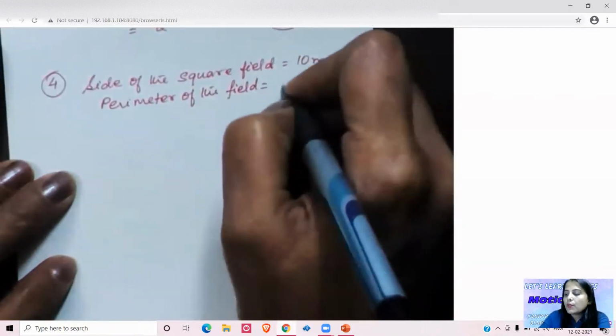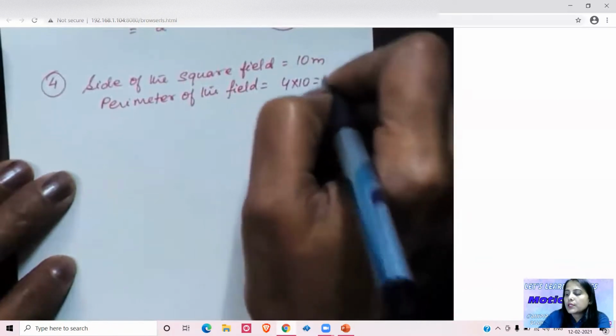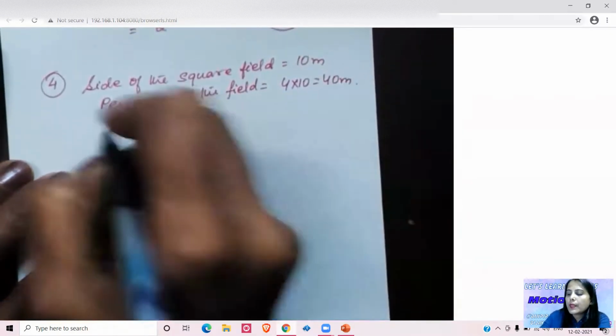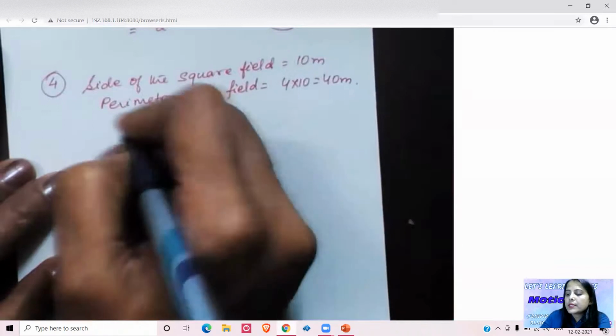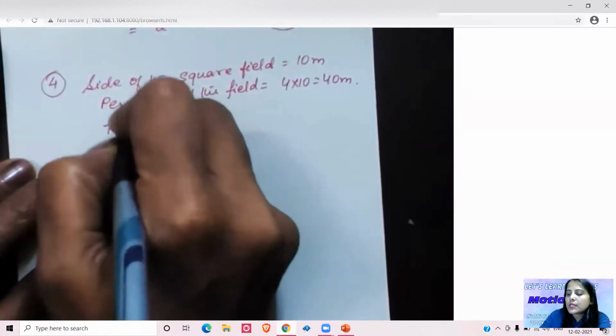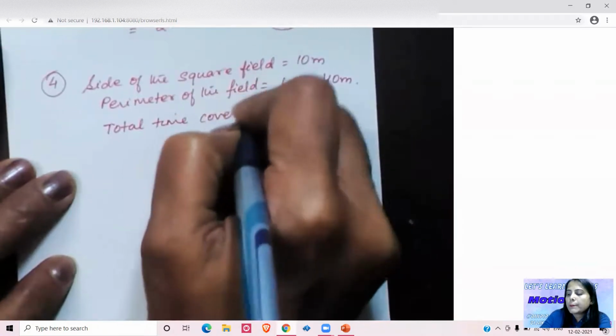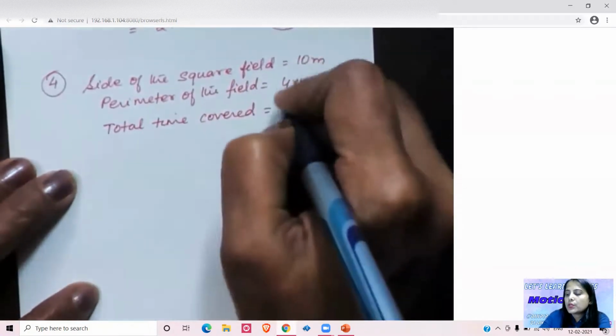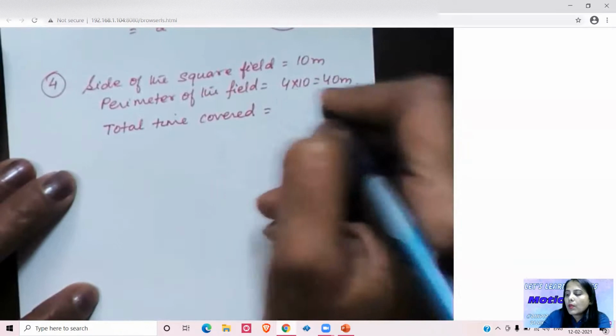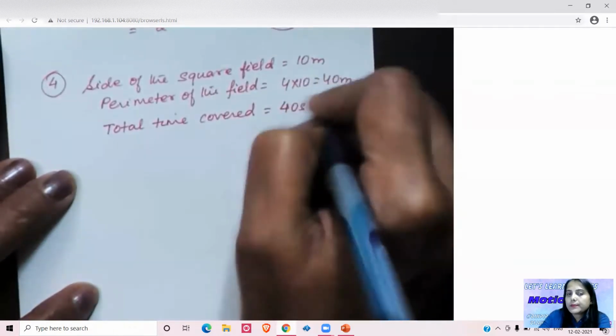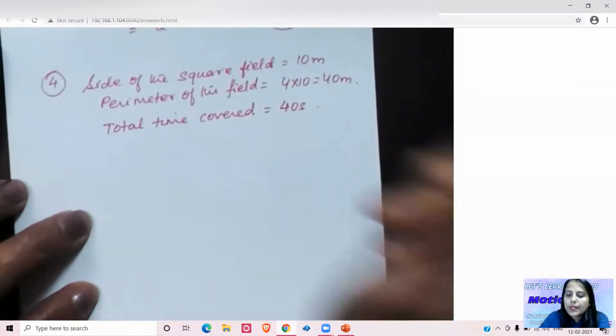It will be 4 into 10, that is 40 meter. Now total time covered is equal to 40 seconds, isn't it? It's given there.